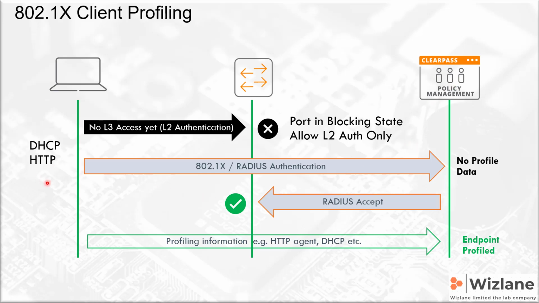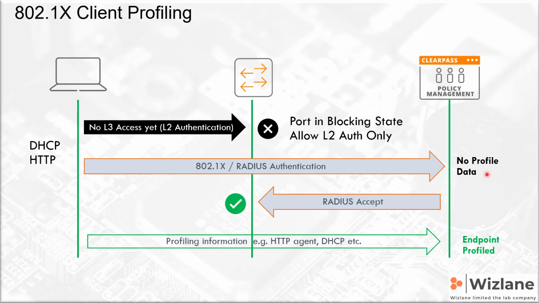With ClearPass, we might even have what's so-called OnGuard. We'll cover this one later on. OnGuard is another agent that can also send information to ClearPass. When profiling happens, which we're not showing here, initially when the client connected, ClearPass has no idea what that client is.